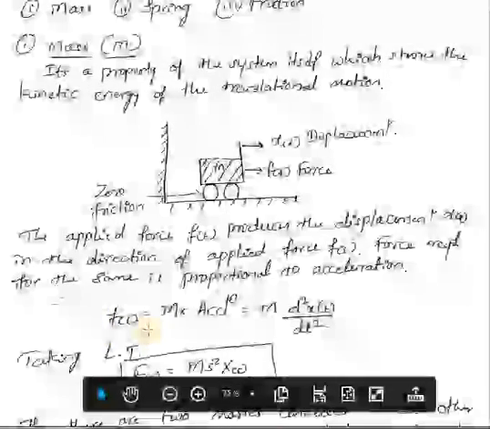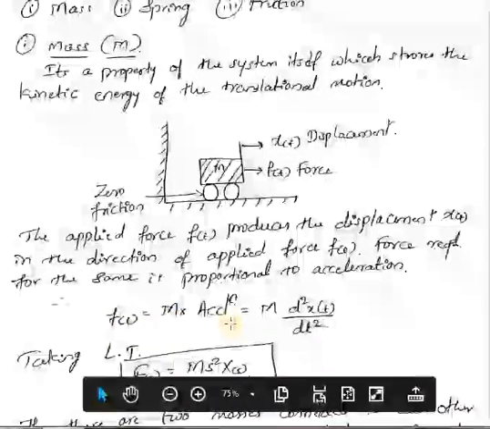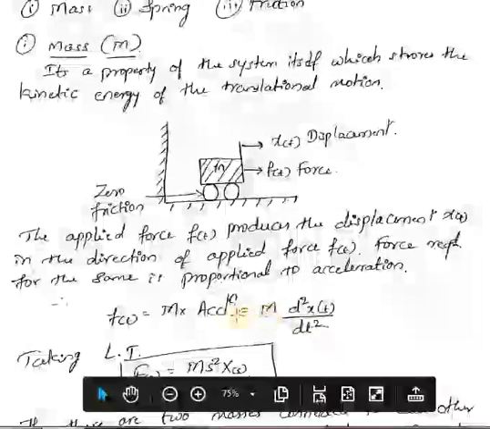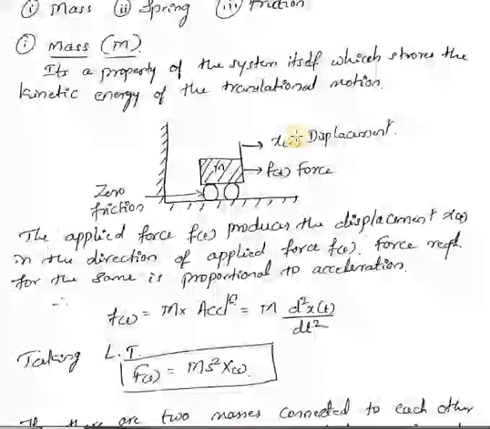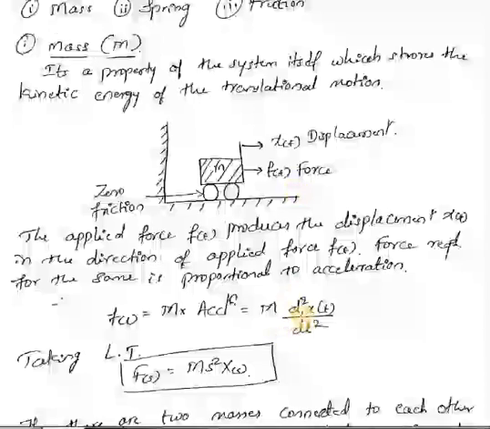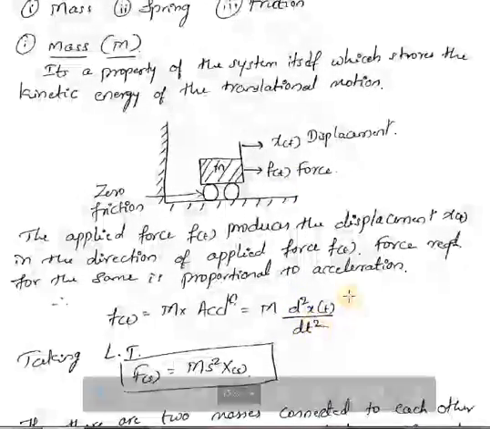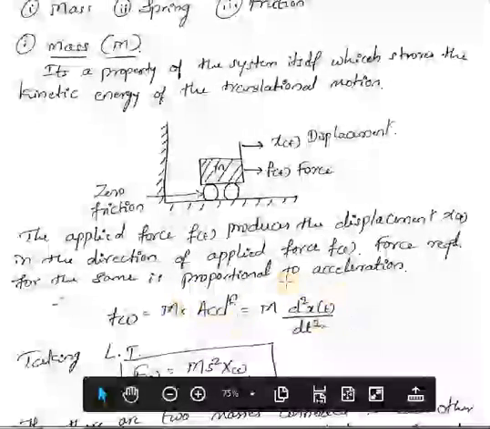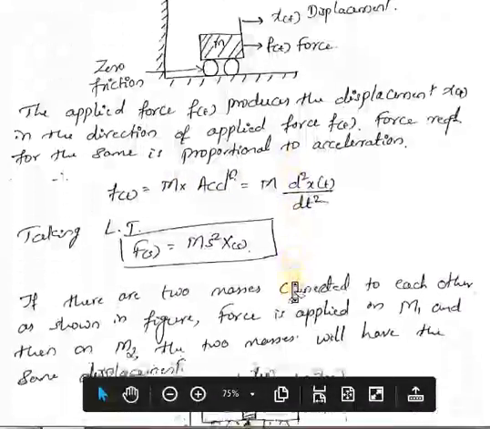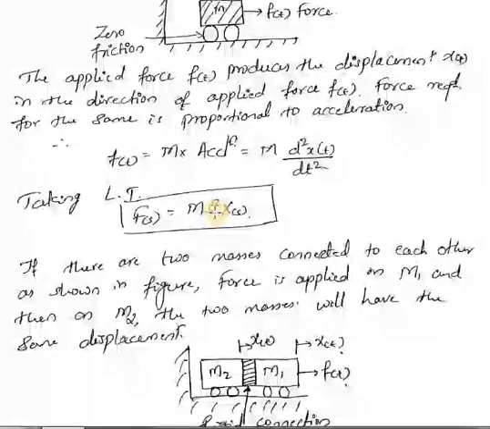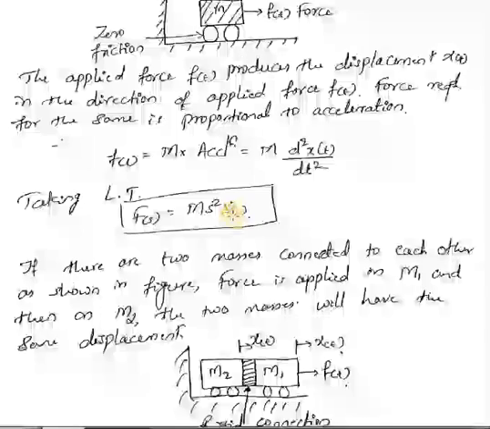So f of t, we can write as mass into acceleration, where the mass is m and the displacement is x of t. In terms of acceleration, write it as d square x of t divided by dt square. If you take the Laplace transform of this equation, you will get F of s equal to m into s square into X of s.